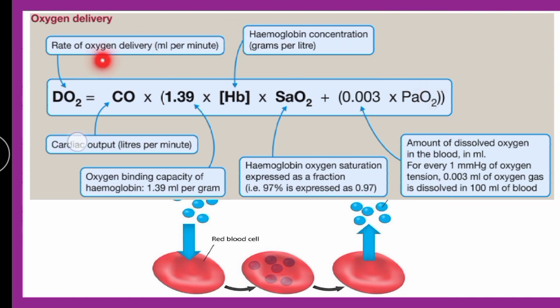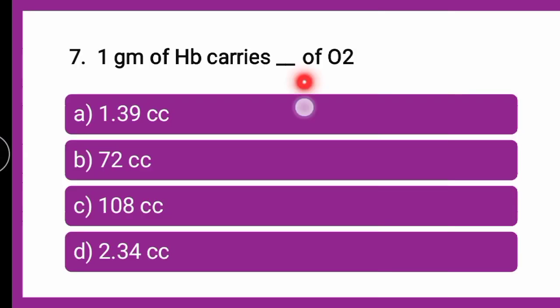So amongst all these factors in the formula related to the rate of oxygen delivery in ml per minute, we are interested in the factor where we are talking about the oxygen which is carried by 1 gram of hemoglobin.